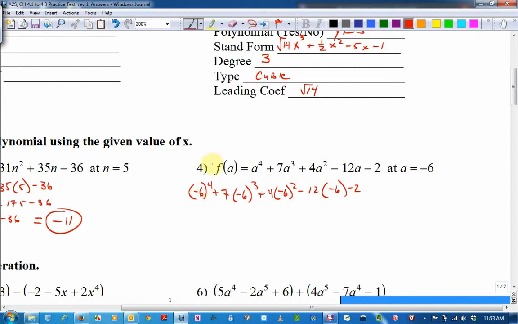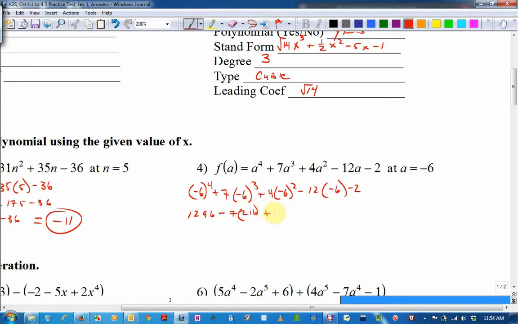Okay, -6 to the 4th power, that's going to be an even number. It's going to be 1296. -6 cubed, that's 216. It's a negative, so a negative cubed is still a negative, so I'm going to be minusing 7 times 216.